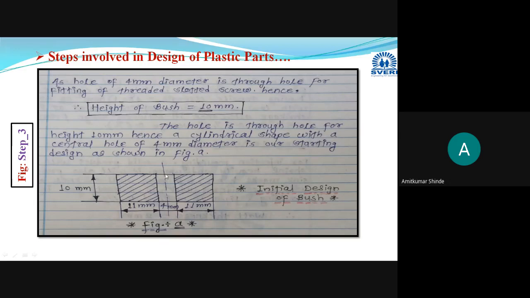This is the through hole. Depending on that, this is the initial design of the bush. This is a very important step. This is the drawing. Please draw this diagram.